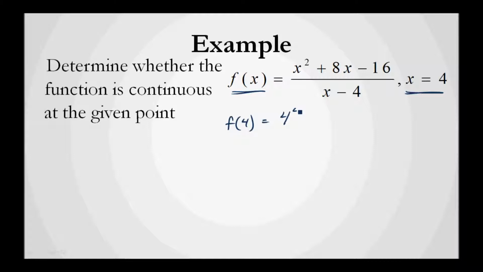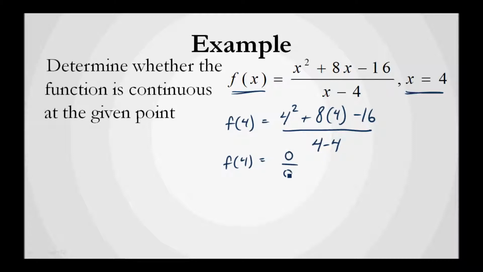So we get 4 squared plus 8 times 4 minus 16 divided by 4 minus 4. We can see that f of 4 equals 0 over 0. This result is indeterminate. That means that there's a point of removable discontinuity at x equals 4, and the function is not continuous at x equals 4.